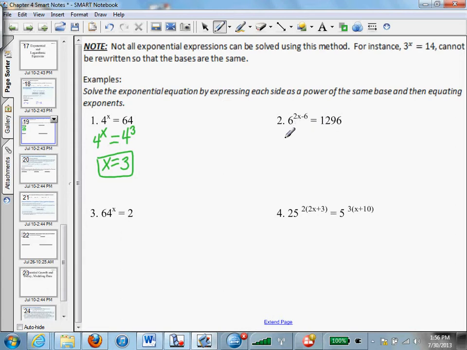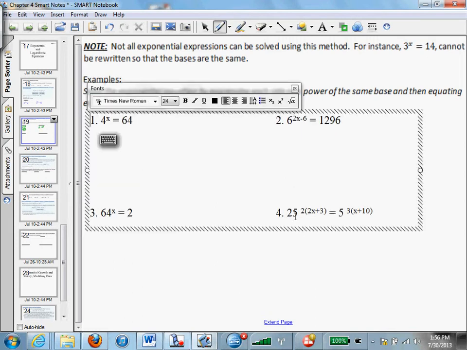With number 2, we can note that 1296 is actually a power of 6, and when you raise 6 to the 4th power, that's what you get. And on the other side, we have 6 to the power of 2x minus 6.